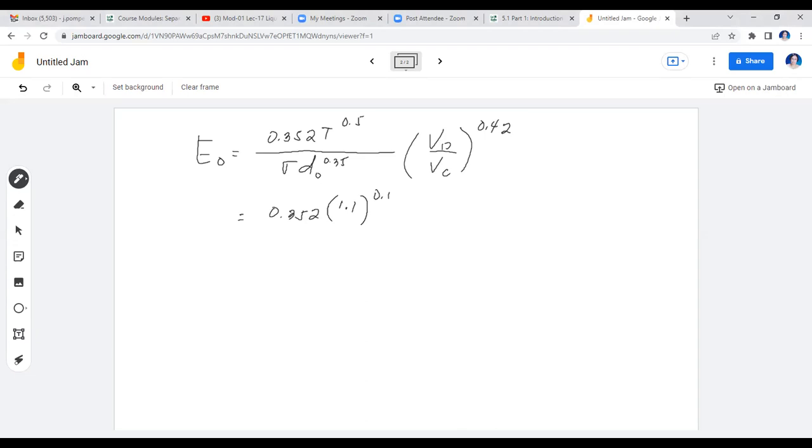You raise that to 0.5. Your sigma should be in dyne per centimeter. What's your sigma? 15. I will not place the units anymore, as long as we adhere to the specified units. The tray hole diameter is 0.4. Yes. Okay, what's the unit?